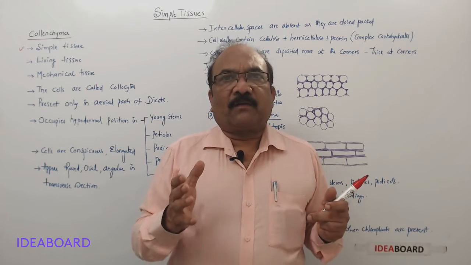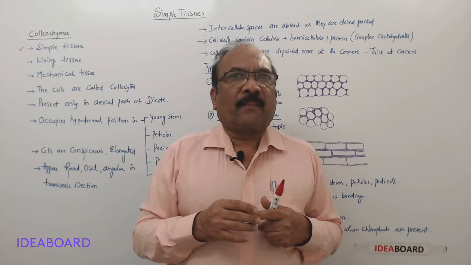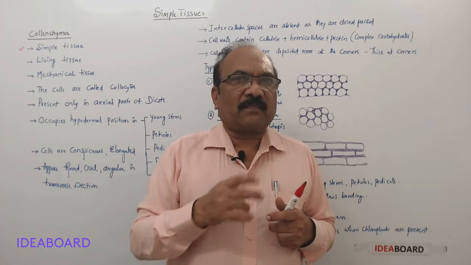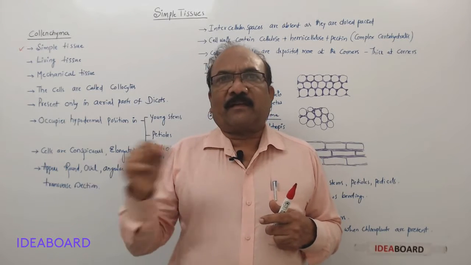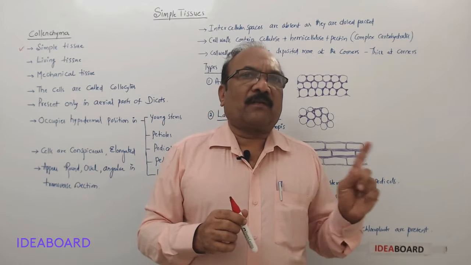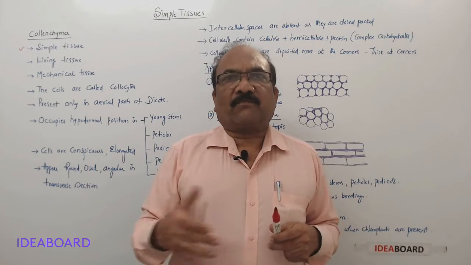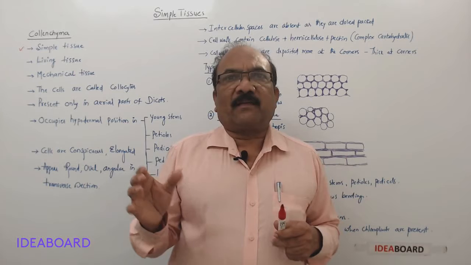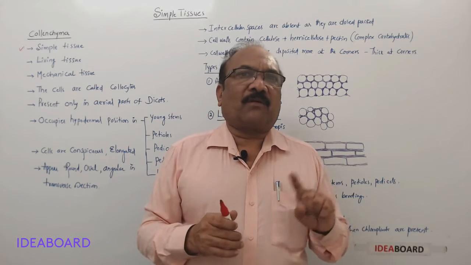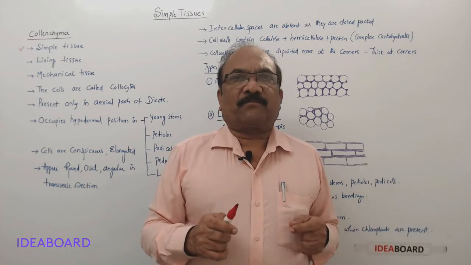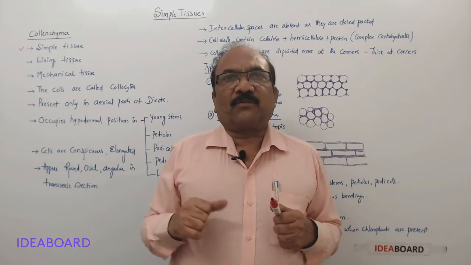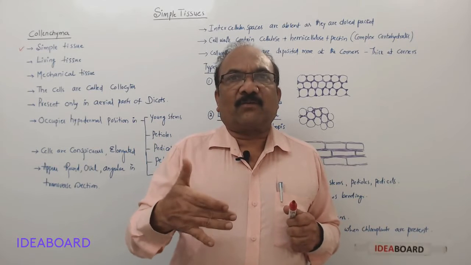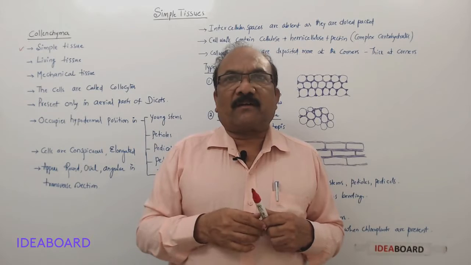I hope you're understanding. In angiosperms, there are two classes. One is dicotyledonae and the other is monocotyledonae. In short form, we call dicotyledonae dicots and monocotyledonae monocots. So this tissue is present only in dicots, and that too in which parts of dicots?